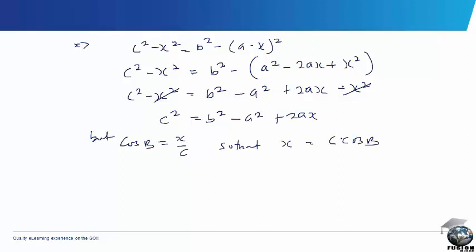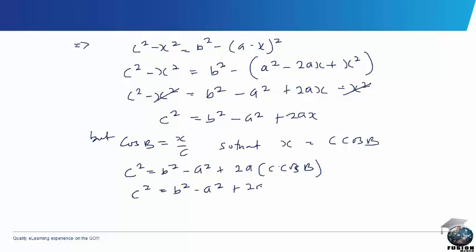All right, from your trigonometry, you will get this. So we can replace X as C cos B. C squared is equal to B squared minus A squared plus 2, and then A, C cos B. Okay, so you can say that C squared is equal to B squared minus A squared plus 2AC cos B. So this gives us our Pythagoras theorem, the cosine rule rather.